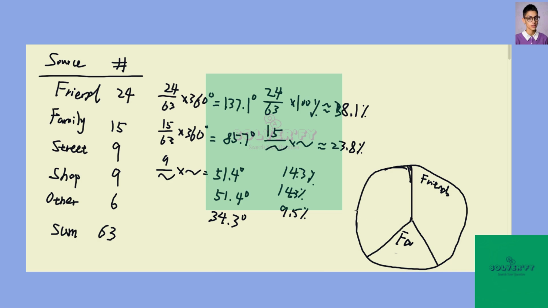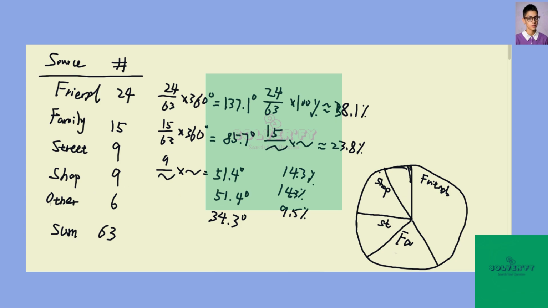So let's just draw it here. Street. And for the next one, they get it from gun or pawn shops. It's also 51.4 degrees. Let's just draw it here. Shop.